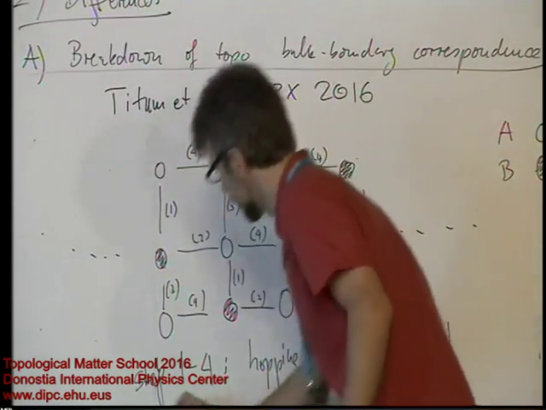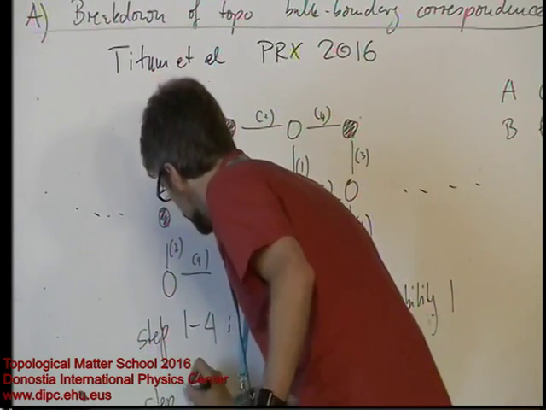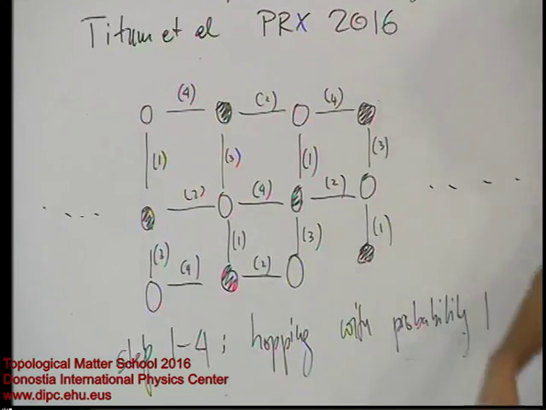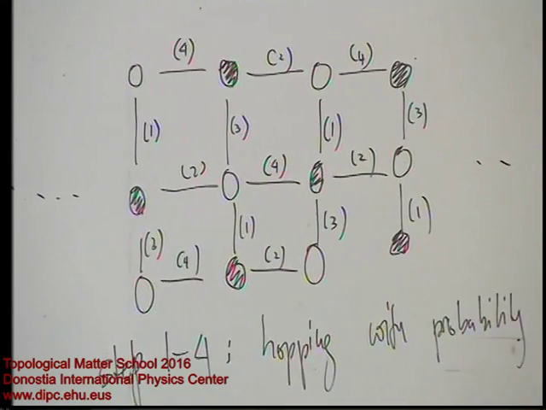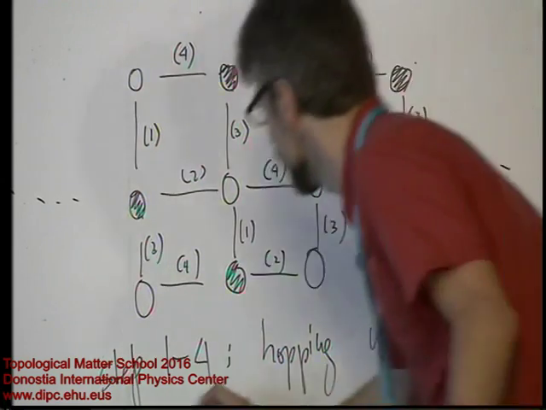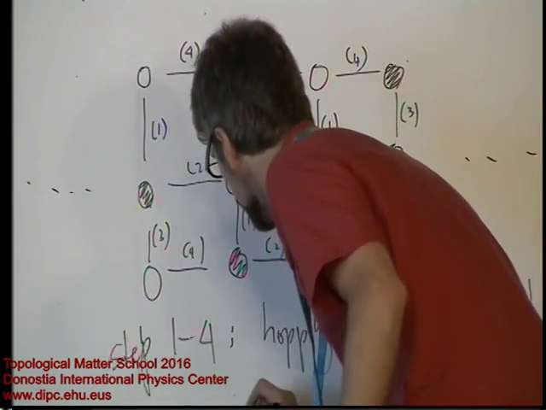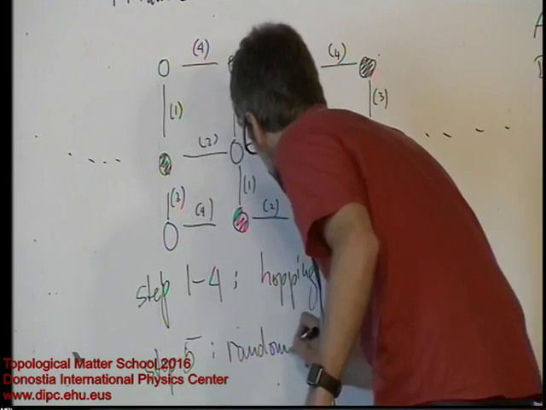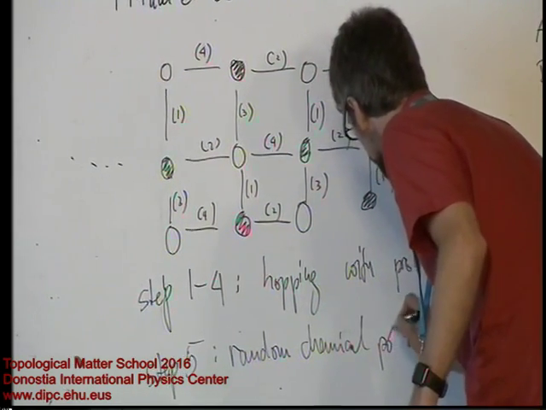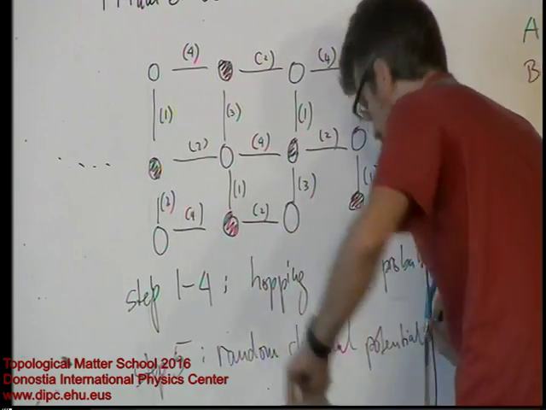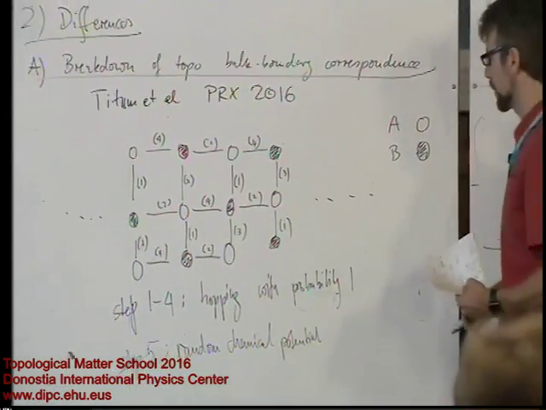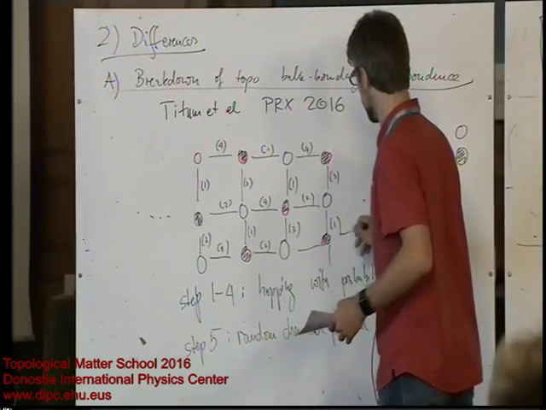Step 5 is I'll put down some random chemical potential that localizes all single particle states in the system. Step 5 is random. So let's think about what happens in this system.